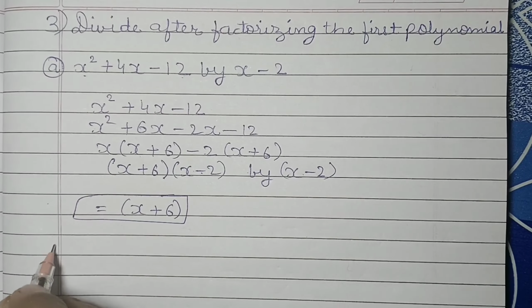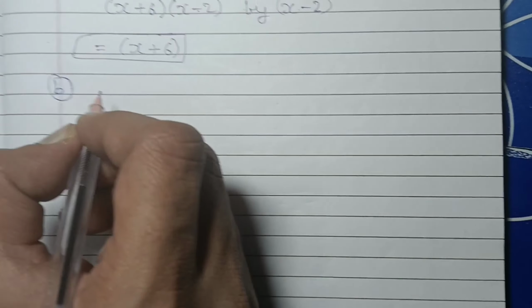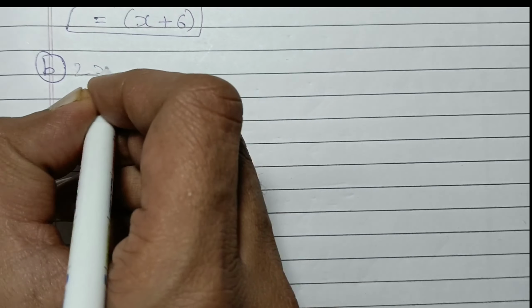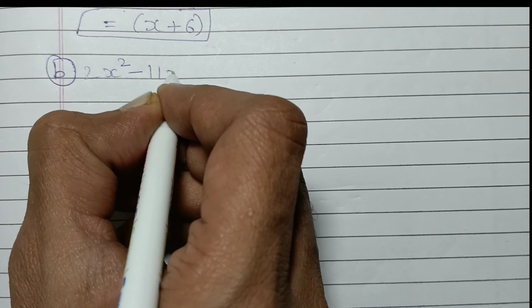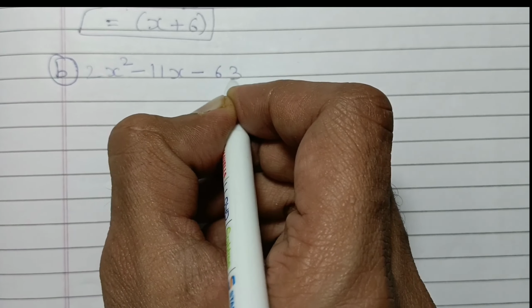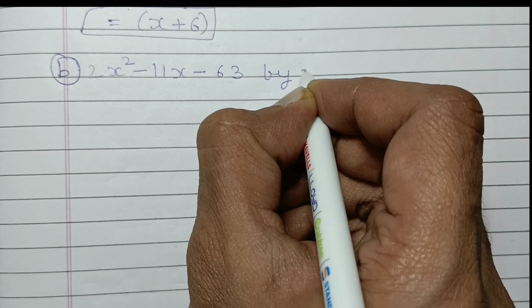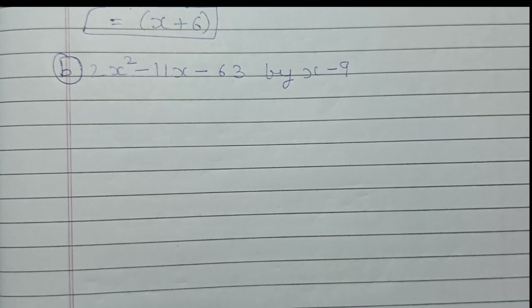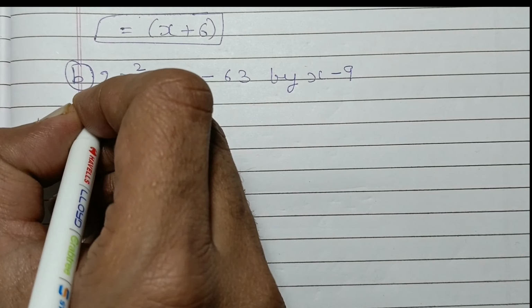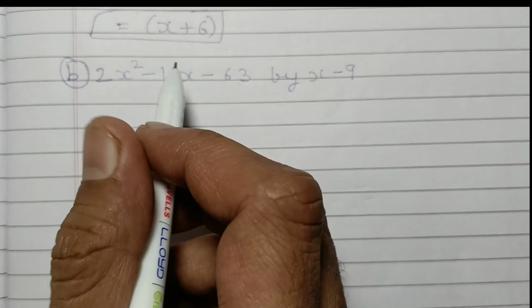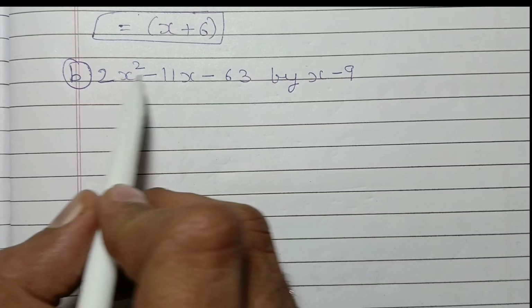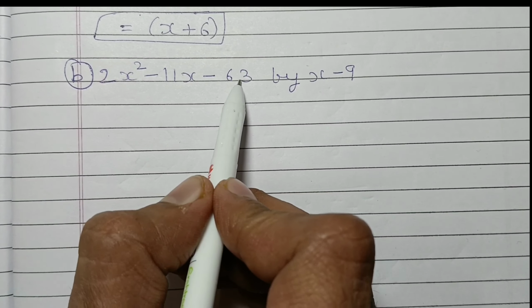I will solve the B question, that is 2x square minus 11x minus 63 divided by x minus 9. Okay, so we have to first multiply the A term with the C term.